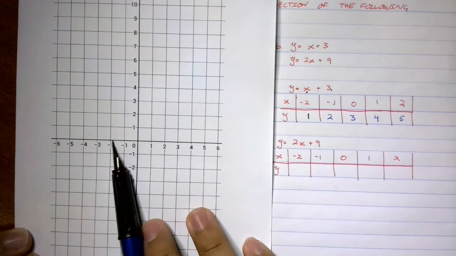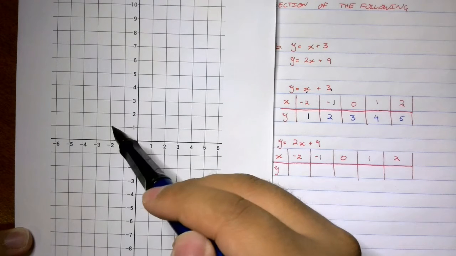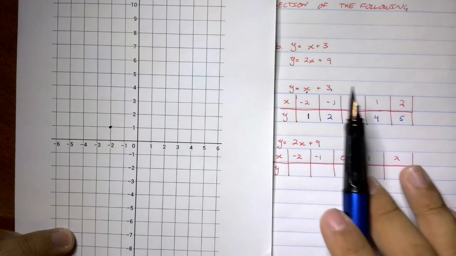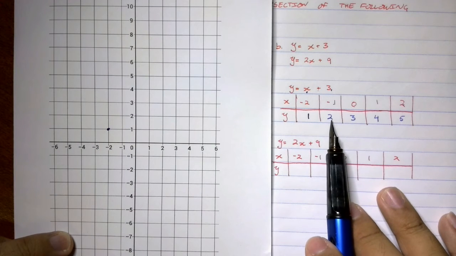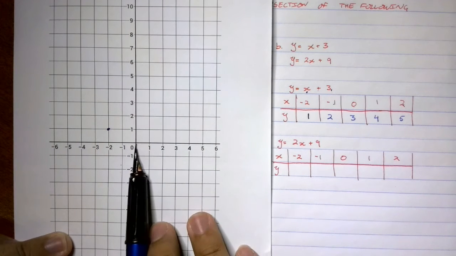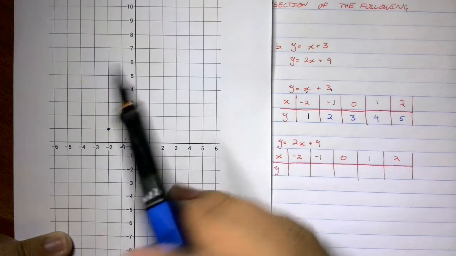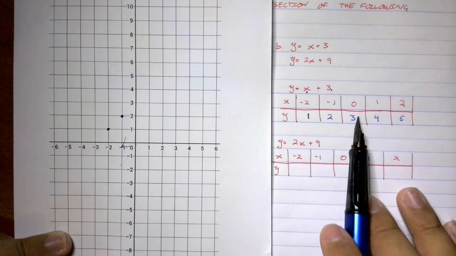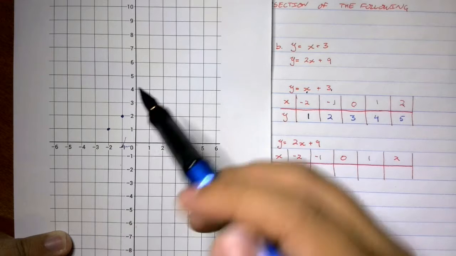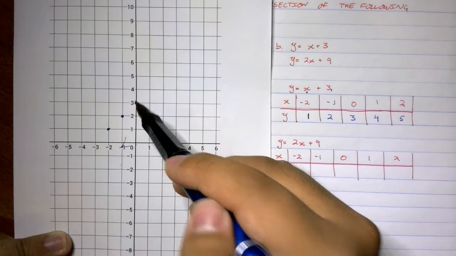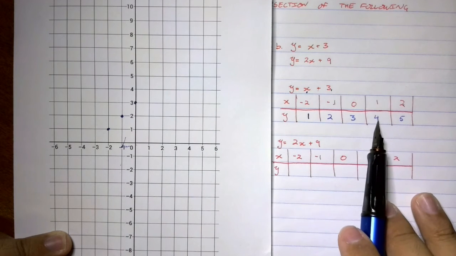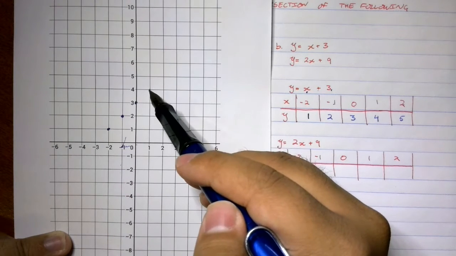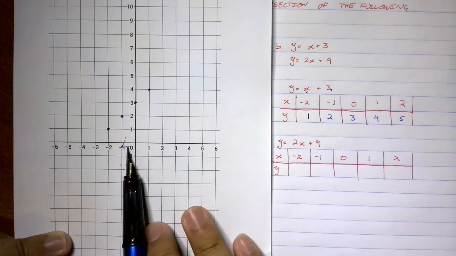That's our point. -1, 2. 0, 3. 1, 4. And 2, 5.